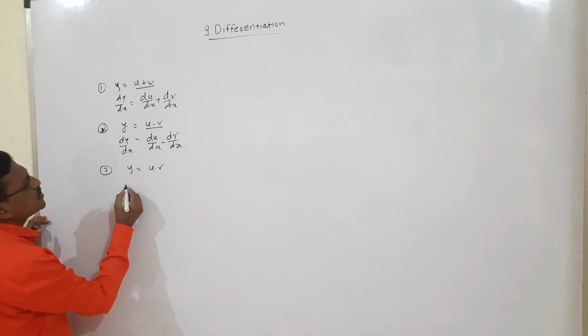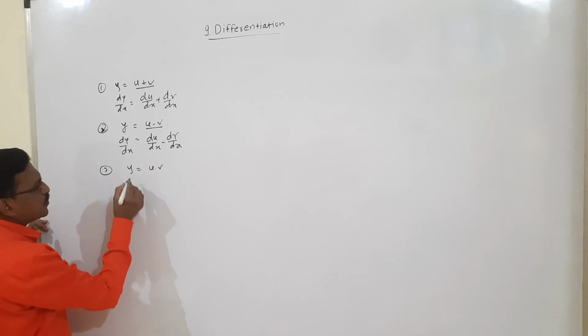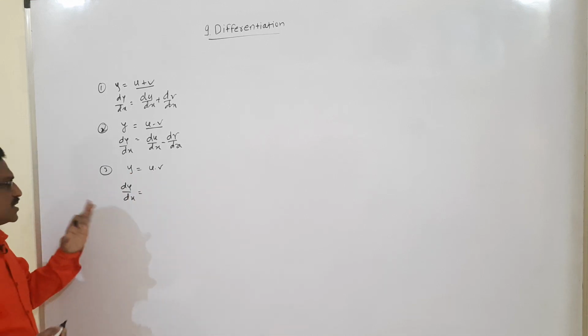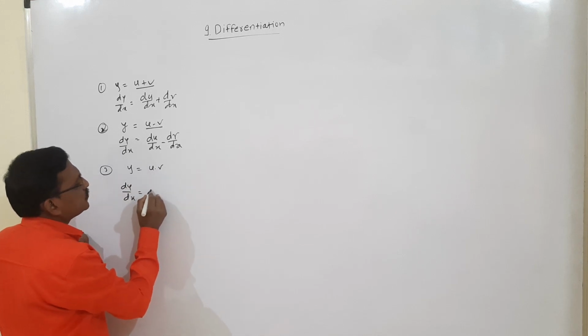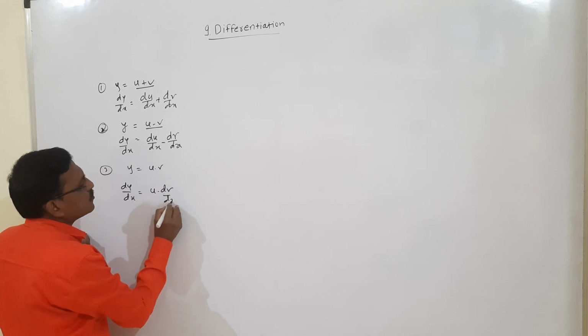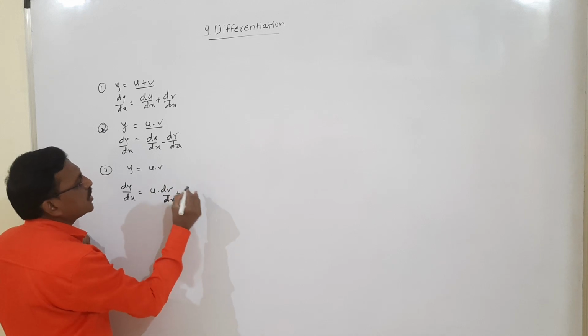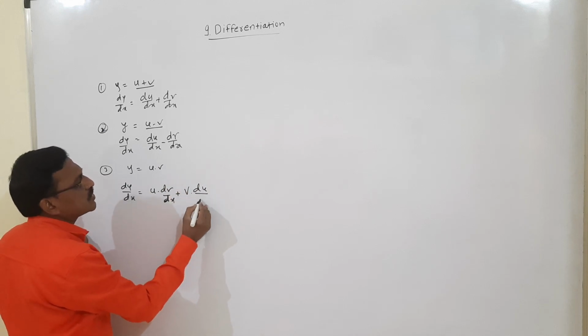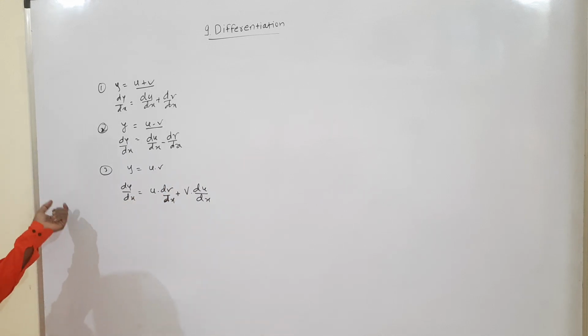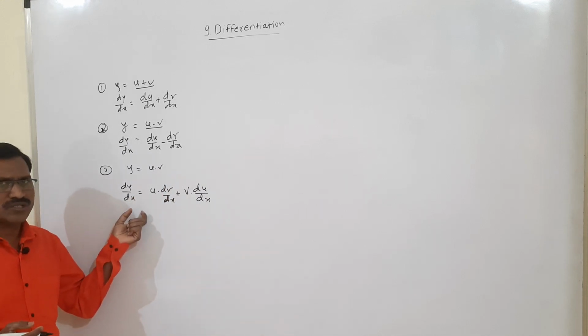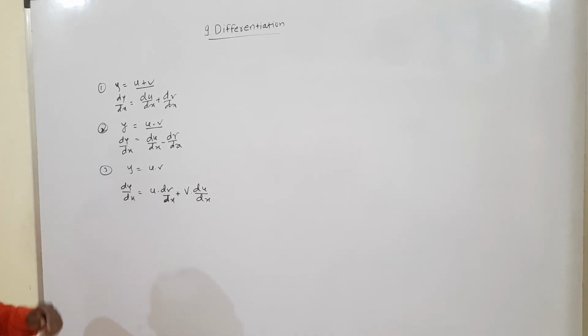So using this rule, the derivative of y with respect to x, dy by dx, for u into v, is the first function u as it is into the derivative of v with respect to x, dv by dx, plus the second function v as it is into the derivative of the first, du by dx. You find the derivative of the product of two functions by using this formula.